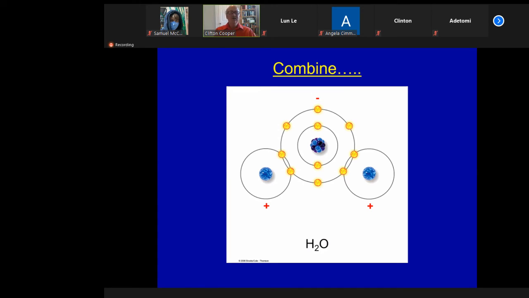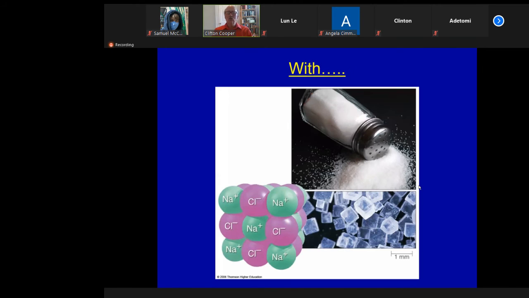So imagine we're taking a water molecule, again like what I'm holding here, where we have the red oxygen and the white hydrogens oriented the same way as in this diagram. Positive hydrogens, negative oxygen. You combine those with, say, a salt crystal.